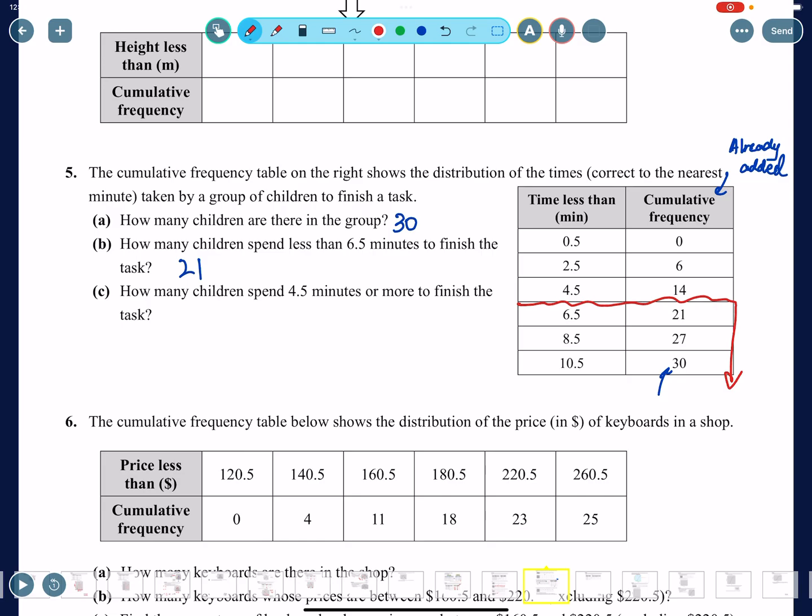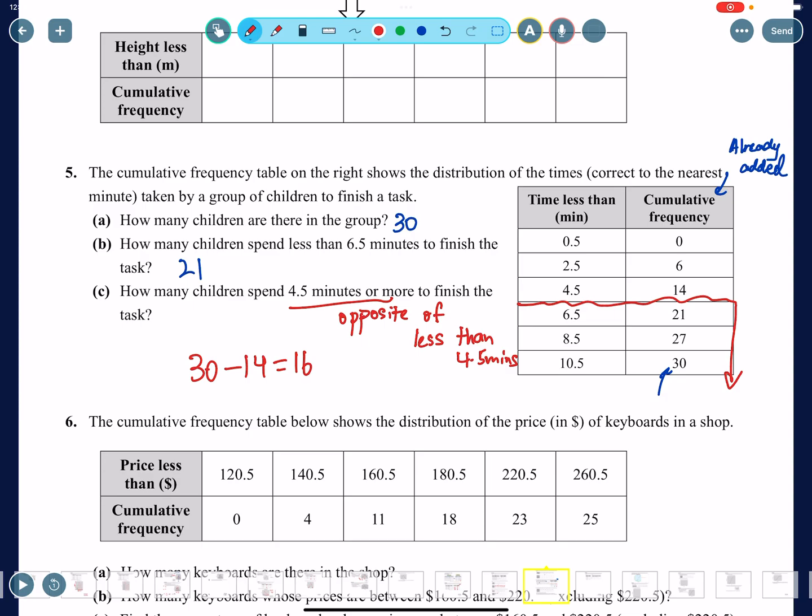Now what we're gonna do is, now this one is actually the opposite of less than 4.5 minutes. So the total number of students is 30, right? How many students spend less than 4.5 minutes is 14. So if you do 30 minus 14, that's going to be more than 4.5 minutes. So the answer should be 16.